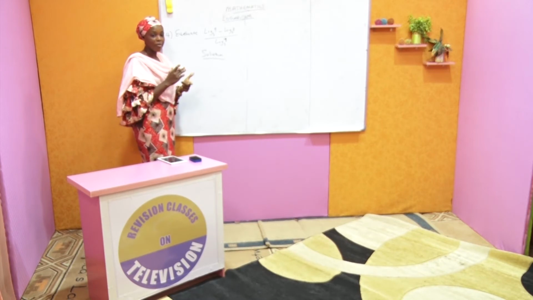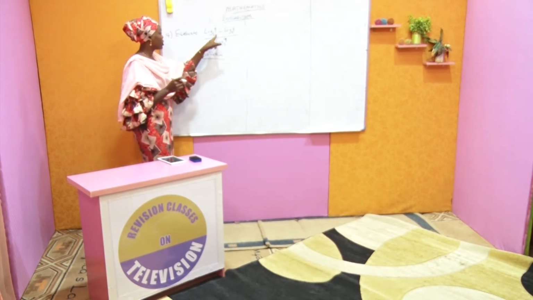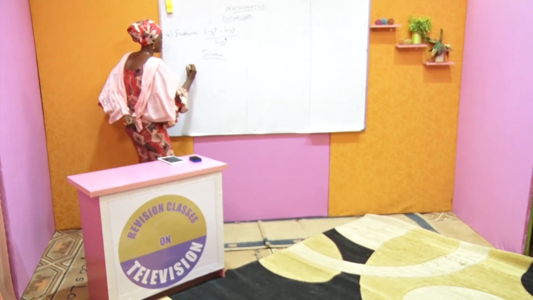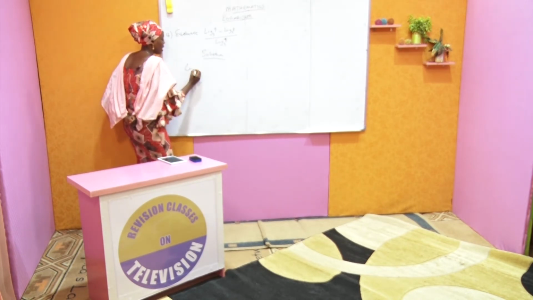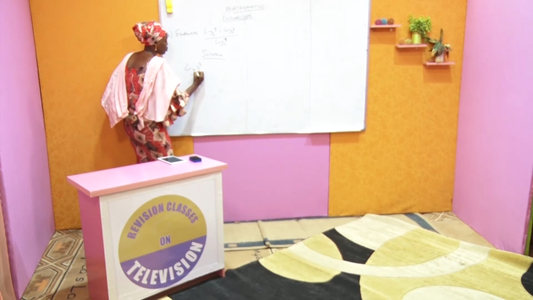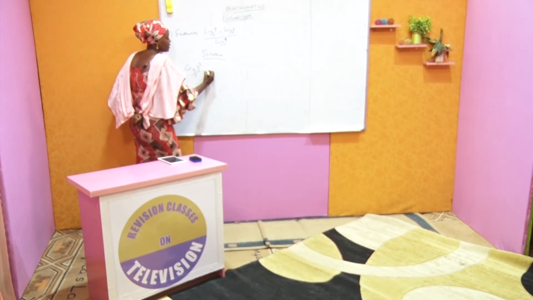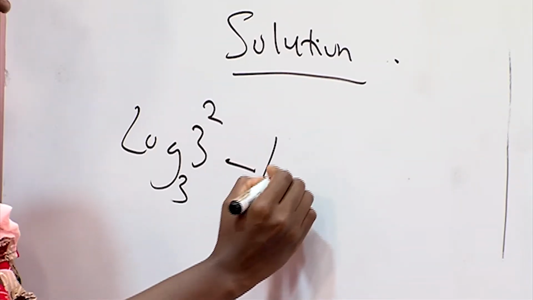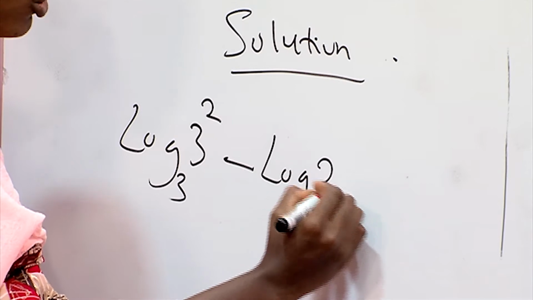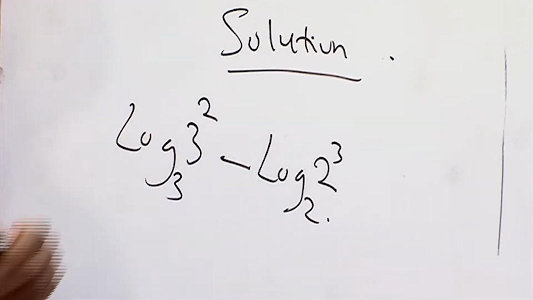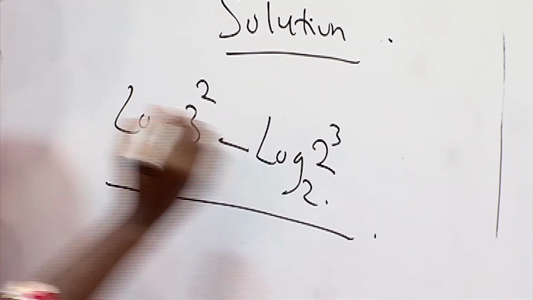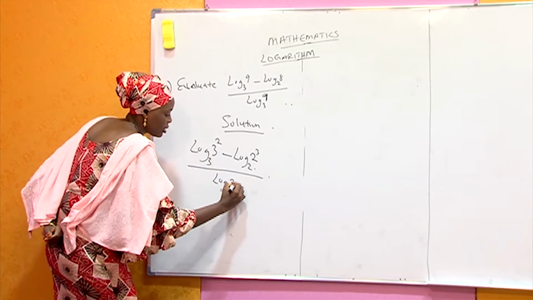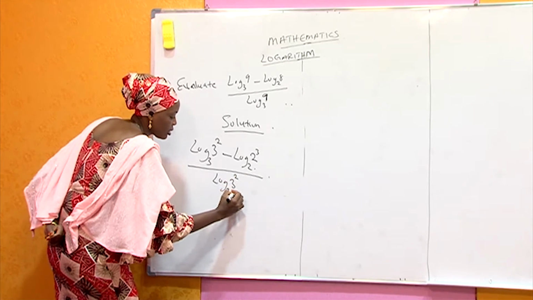Simplifying this logarithm, breaking it down to simpler form, we can take this log 9 to be in base 3. That is, we have log 9 as 3 raised to the power of 2. And we can simplify this 8 to be in base 2. That is, log 2 raised to the power of 3 in base 2, all divided by log 9, which can be simplified as log 3 raised to the power of 2 in base 3.